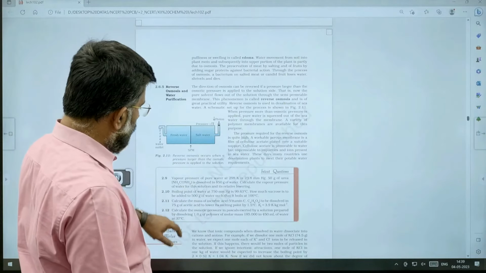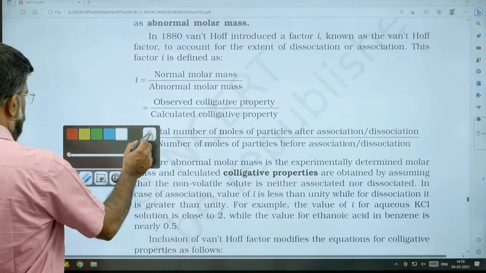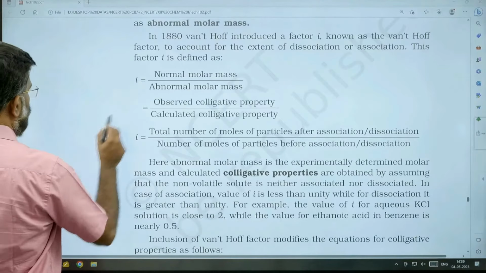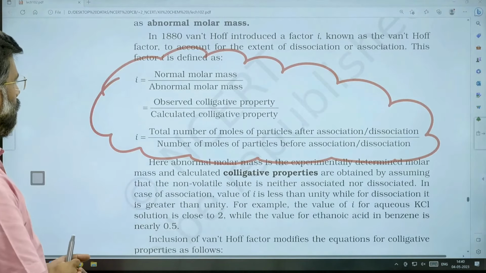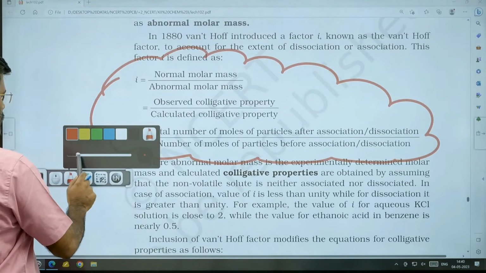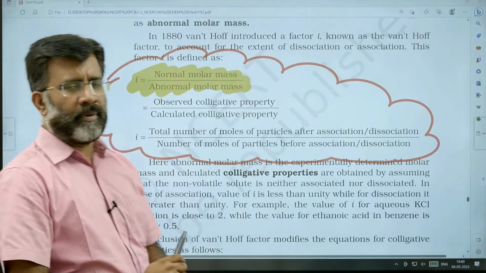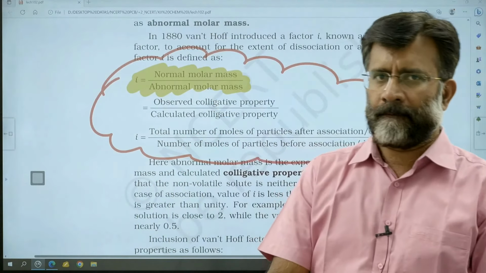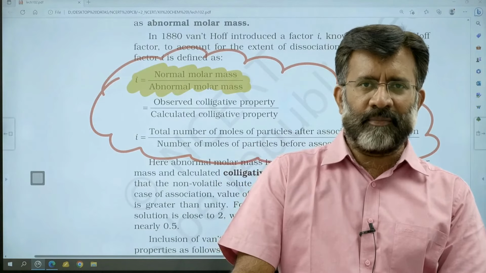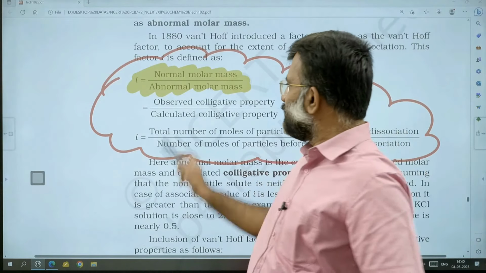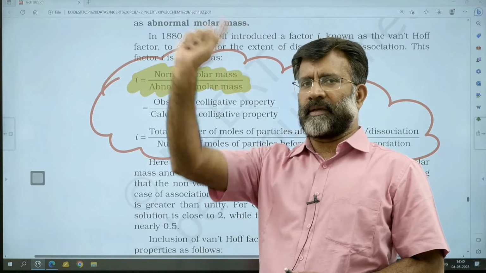Van't Hoff factor i is equal to normal molar mass divided by abnormal molar mass. What is the normal molar mass of NaCl? In the 60 range, 58.5. The abnormal value will be in the 30 range. So 60 by 30, the i factor will come as 2. For dissociation, the i factor will be greater than 1.